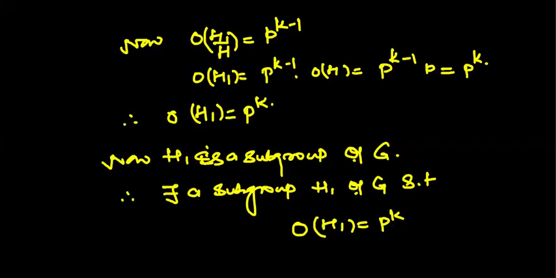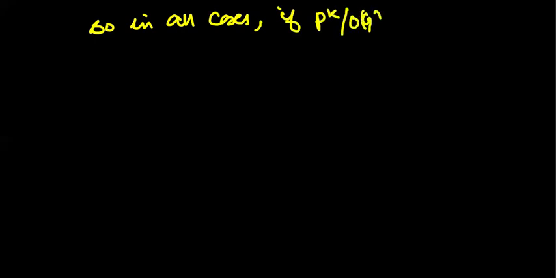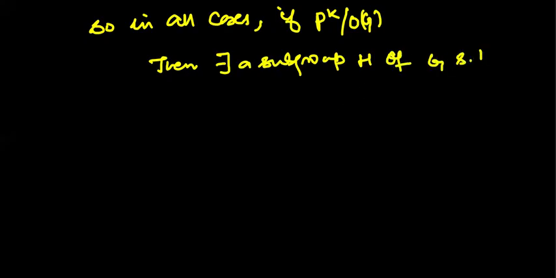So we have shown that, therefore the result holds. So in all the cases, if p^k divides order of G, then there exists a subgroup H of G such that order of H is equal to p^k.